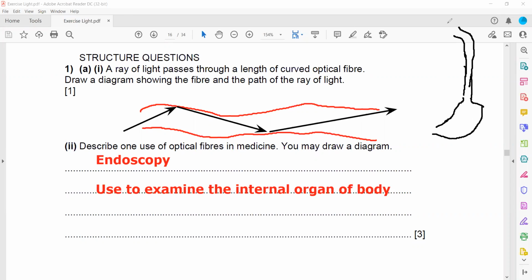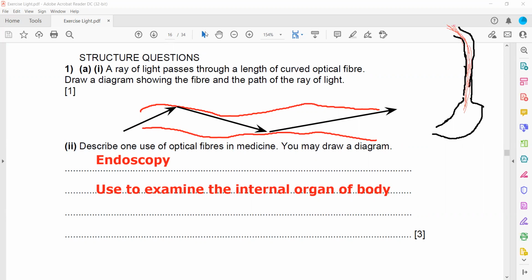Now they use these fine or thin optical fibers. Very fine tubes are there, and they are flexible.